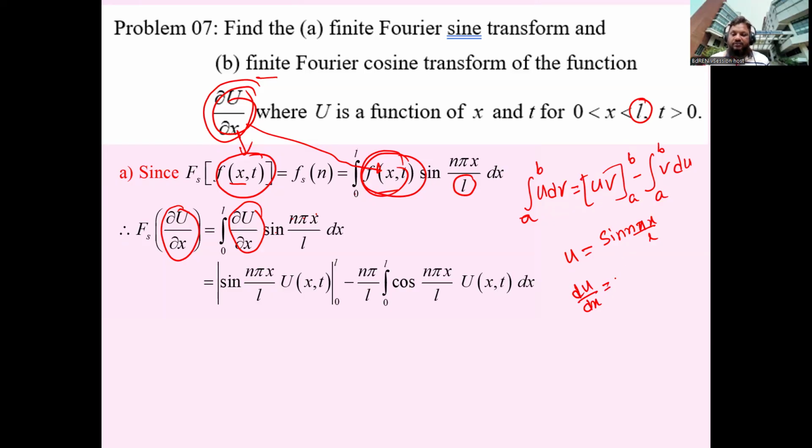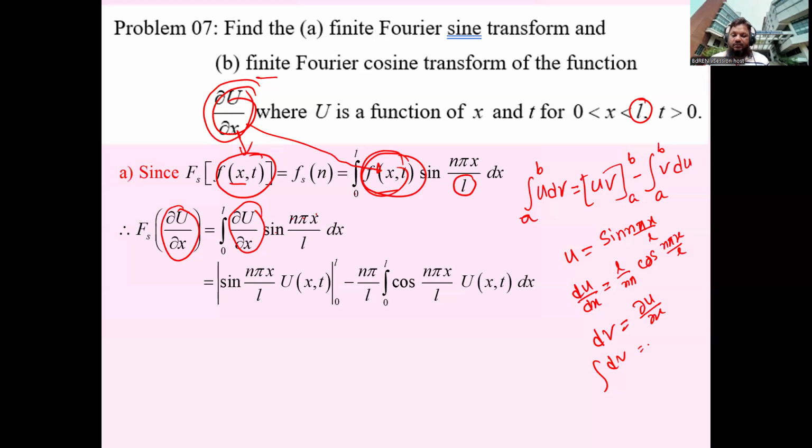Can anyone say? It will be n pi by L cos n pi x by L. And what will be dv in this case? dv is del u del x.